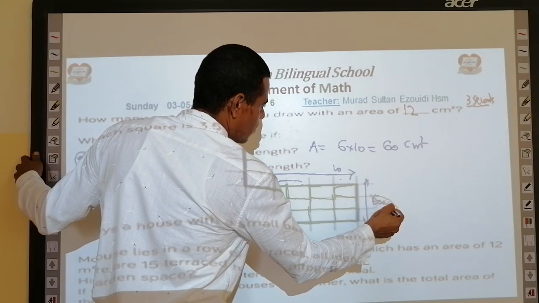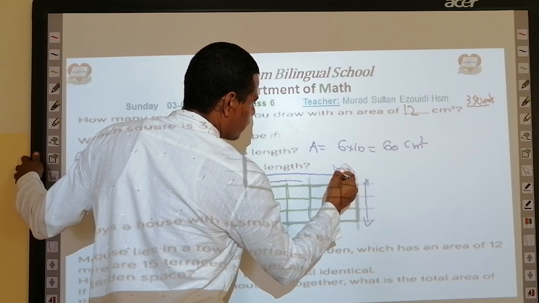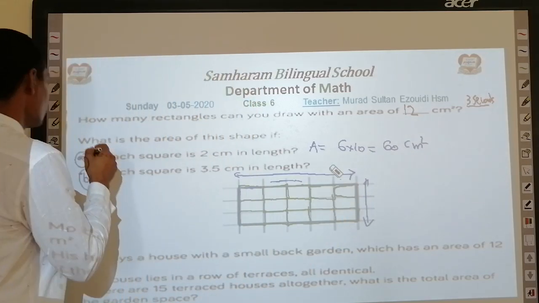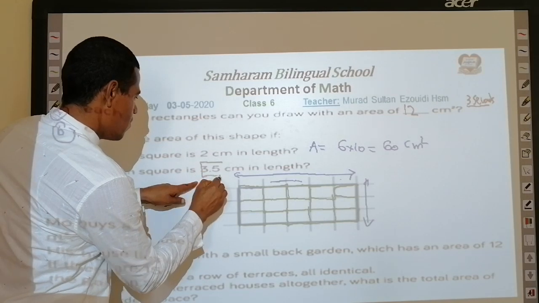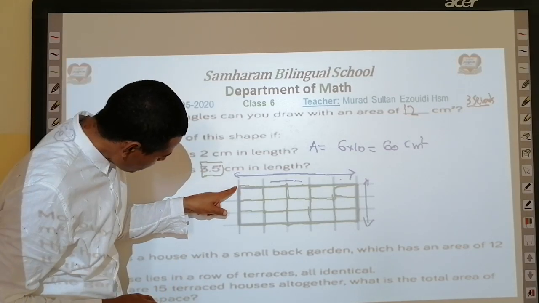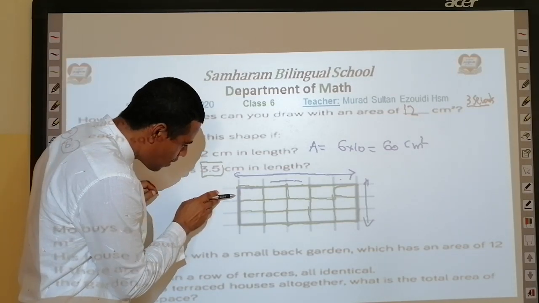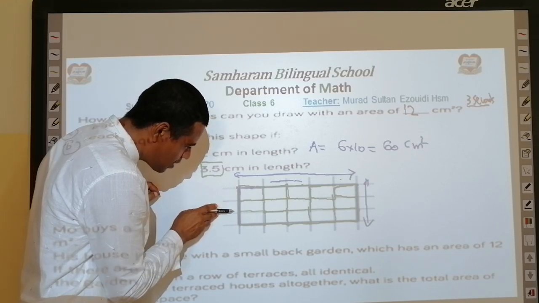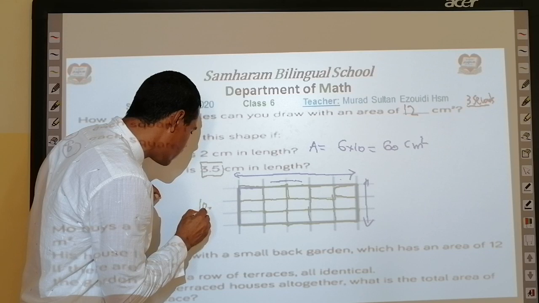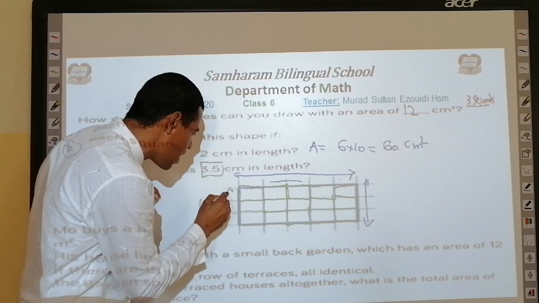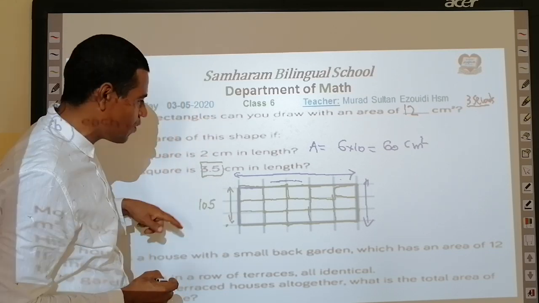This one could be changed, of course, because we move to this one, 3.5. So the length is 3.5, meaning each side is 3.5. 3.5 plus 3.5 is 7, plus 3.5 is 10.5. From this to this is 10.5.